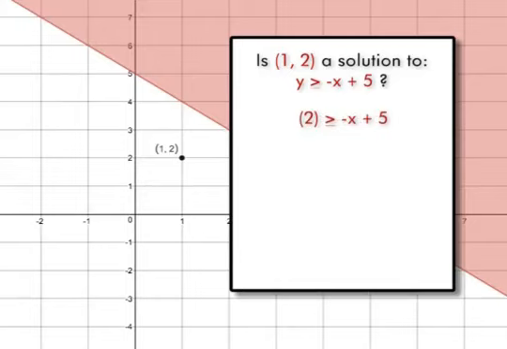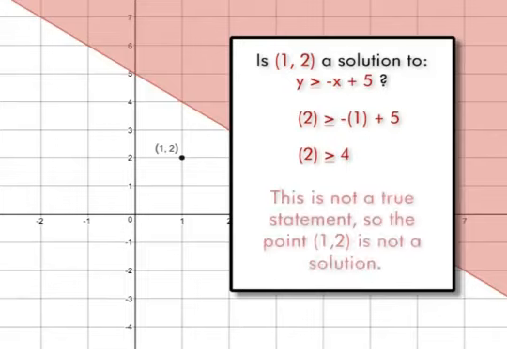And where x is, I replace it with a 1. And on the right-hand side of that inequality, I can simplify. I now have negative 1 plus 5, which is 4. So I end up with the expression 2 is greater than or equal to 4, which we can see is absolutely not true.